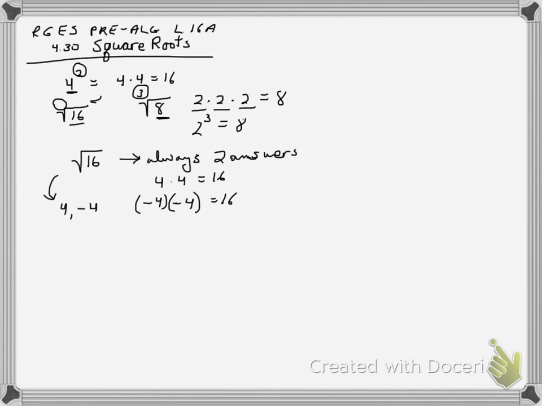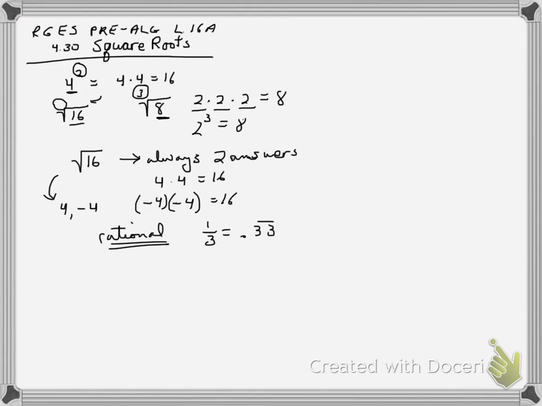Now, a square root can generate a rational answer, meaning it would go in evenly. Remember, a rational number is either something that can be written as a fraction, or a terminating decimal, or a repeating decimal, like 1/3 would be the repeating decimal 0.333.